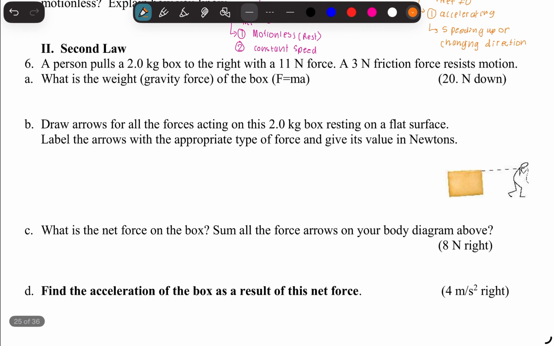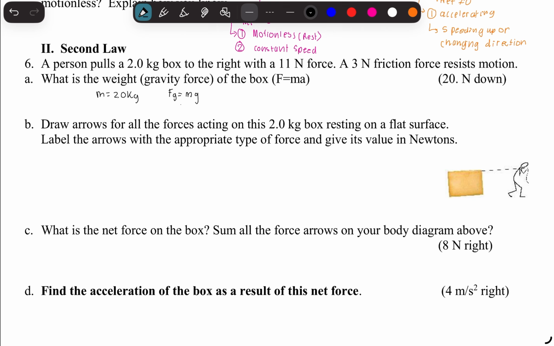A person pulls a 2 kilogram box to the right with an 11 Newton force. A 3 Newton force resists motion. What is the weight downward of the box? F is equal to ma. So we know that the weight of the box is going to be equal to 2.0 kilograms. By using the weight formula, we know that the force of gravity is equal to the mass of the object times the gravitational constant that is accelerating it downwards, which is 9.8 meters per second squared.